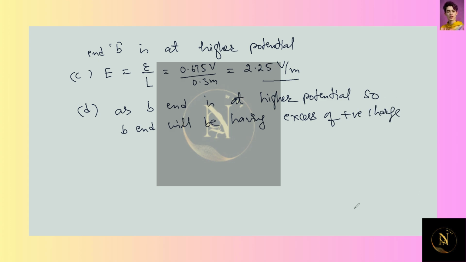Now, finally, in the last part of the problem, they are asking what will be the EMF induced, the potential difference induced across the rod if it moves parallel to AB.